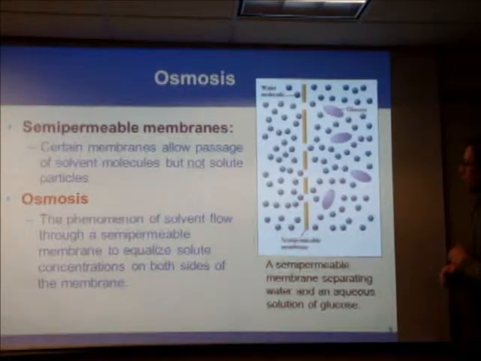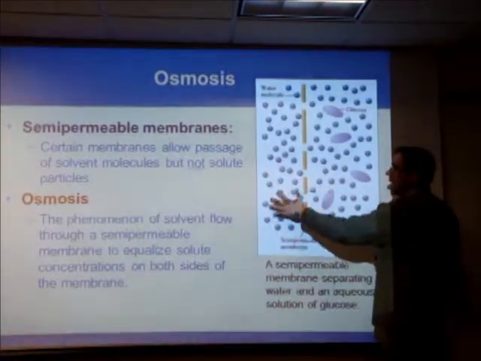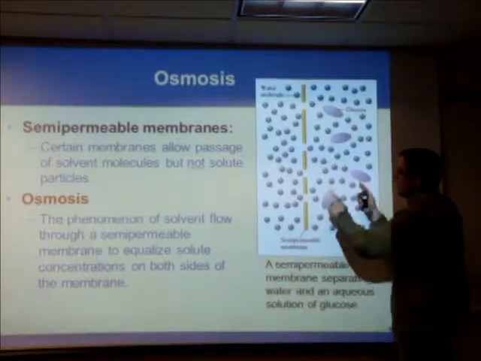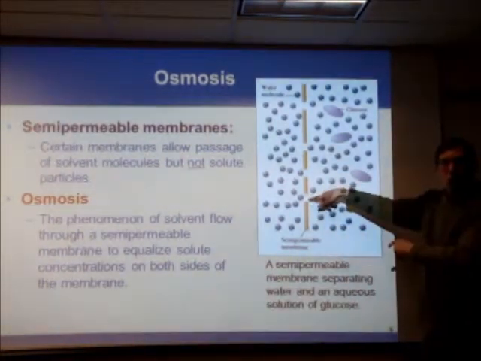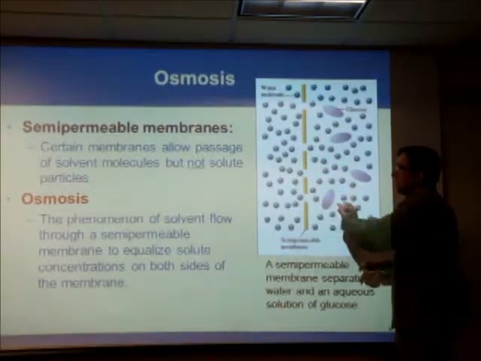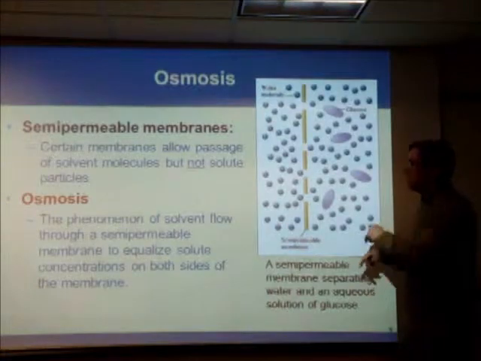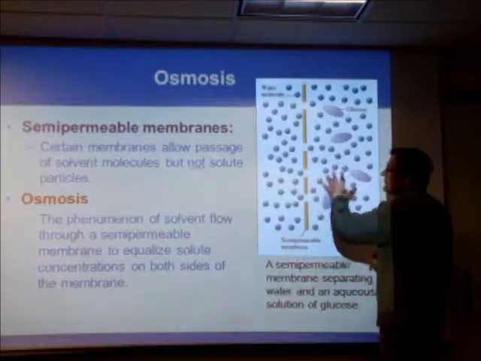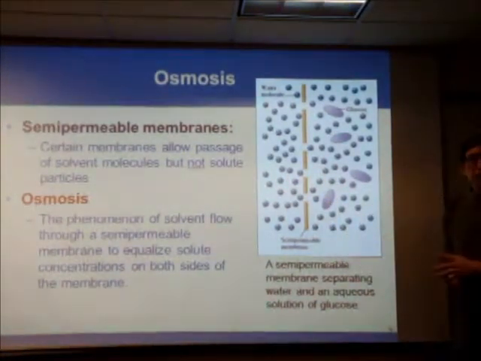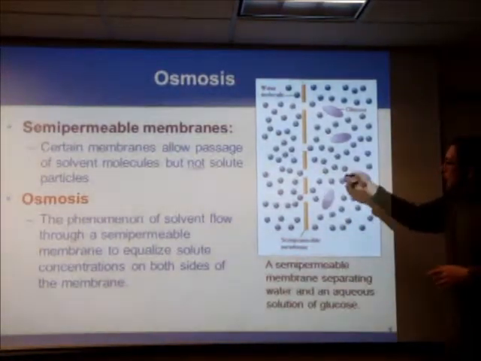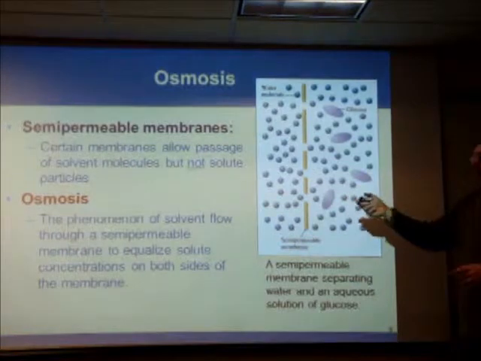And so water is constantly in motion, bumping off of one another, and bumping and bumping, and comes to a hole, and it can pass through, and then it's on the other side, and it bumps and bumps. So water molecules are moving in all directions. But it turns out that the water molecules aren't moving equally back and forth across this membrane.